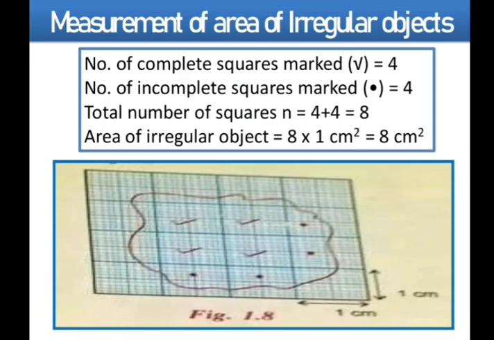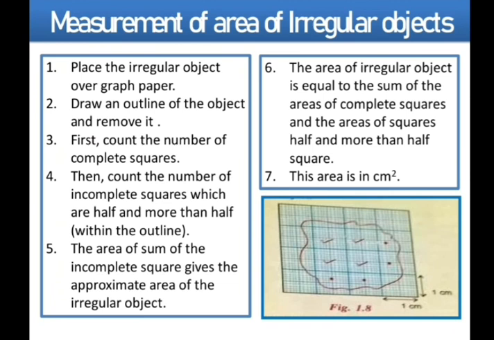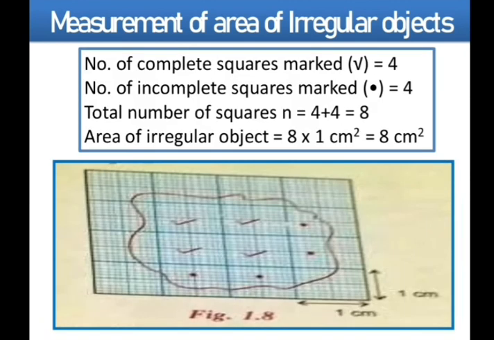Fine, so see here, the number of complete squares is 4, which is marked as tick, and the number of incomplete squares which is marked as dot is again 4. So the total number of squares, denoted by n, is equal to 4 plus 4, that is 8. So what we have said is that the area of the irregular object is the area covered by all these incomplete squares and the complete squares. Fine, and we know that each square has an area of 1 square centimeter.